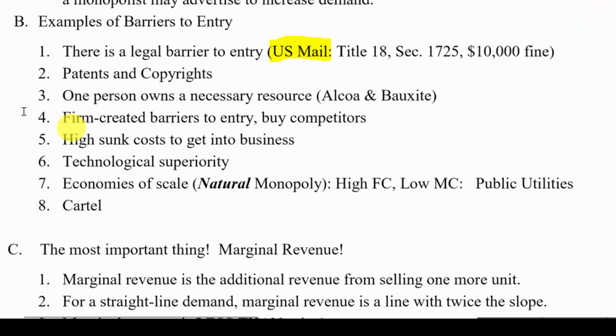Number 4, barrier to entry. Firms often try to create barriers to entry themselves. One way that you can create barriers to entry is to use a lot of advertising. If you don't want people getting in and competing with you, make sure that people know that you're the only brand name that counts.